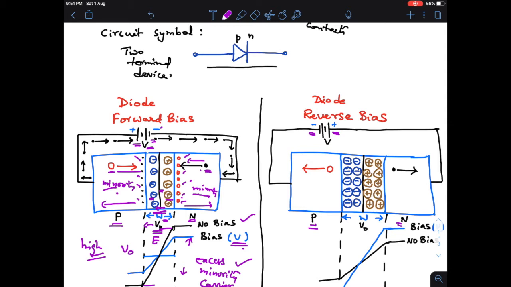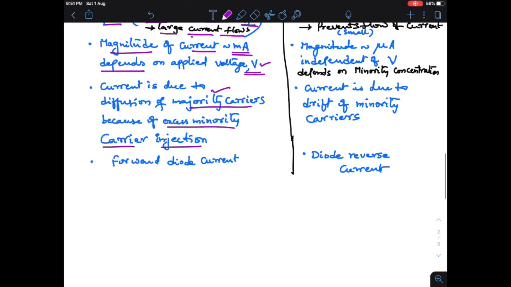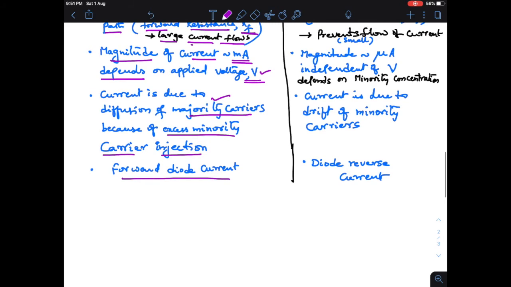Now here you can see that the positive of the battery will attract electrons and negative of the battery will repel electrons. So that's how you can have the current in the external circuit. And I'll call this current forward diode current or diode forward current.